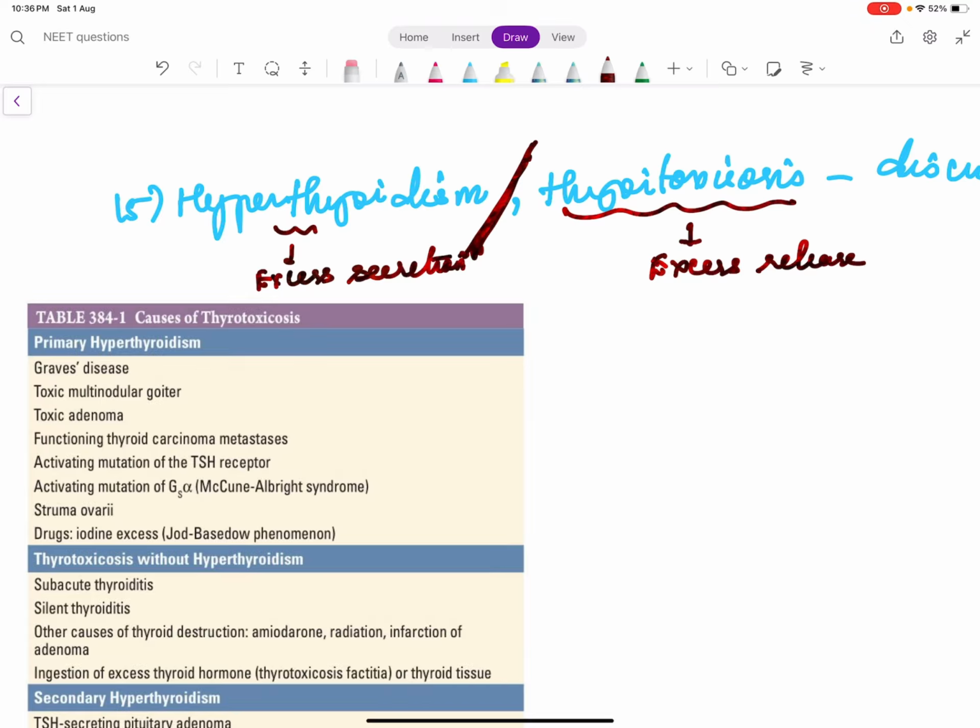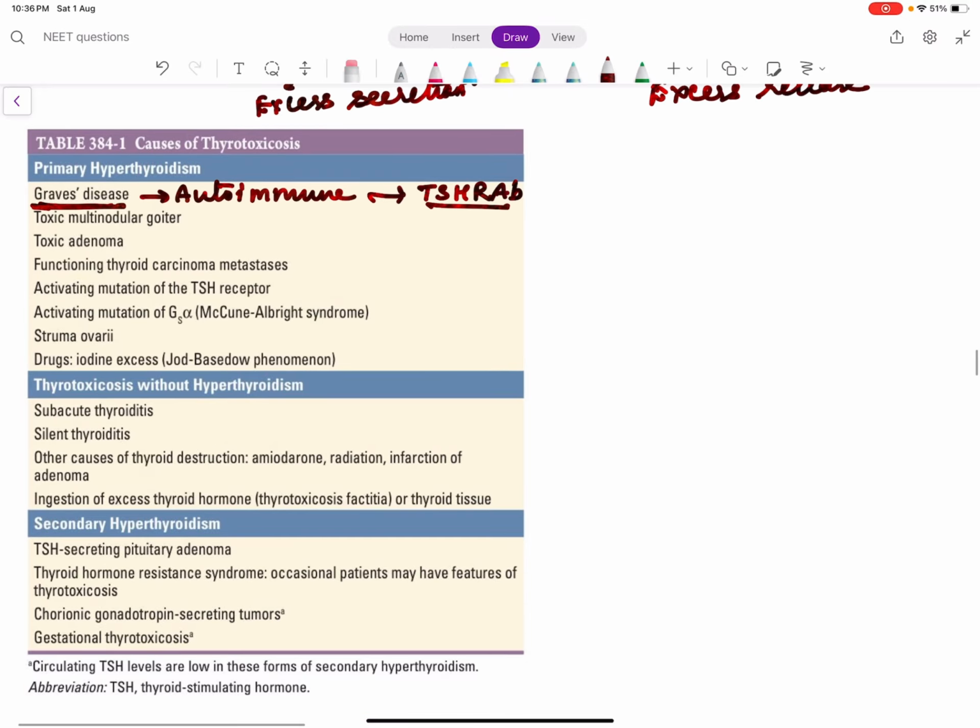For example, Graves' disease is an autoimmune condition caused by TSH receptor antibody, TRAb. So the TSH receptor antibody binds to the TSH receptor.